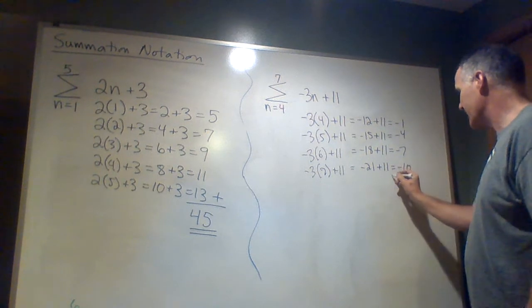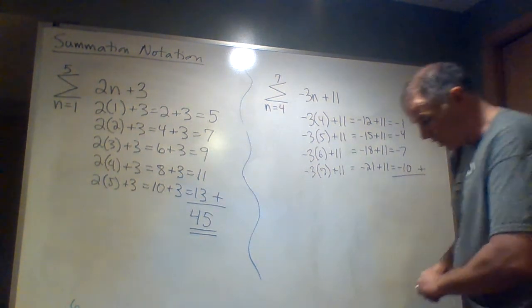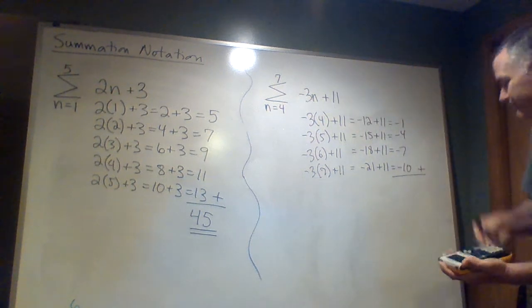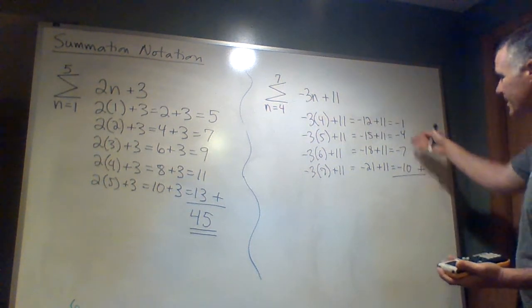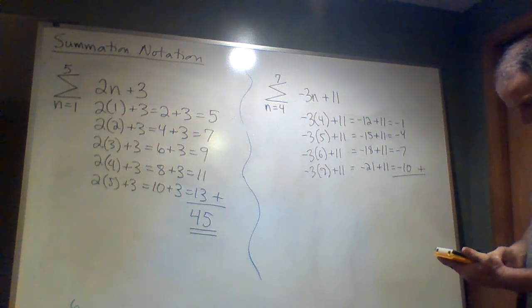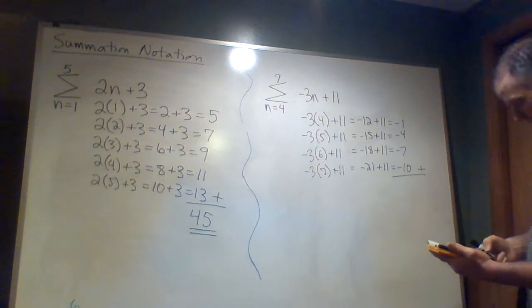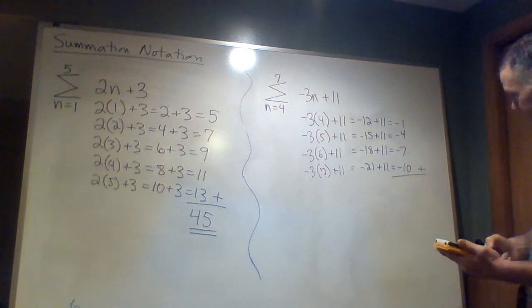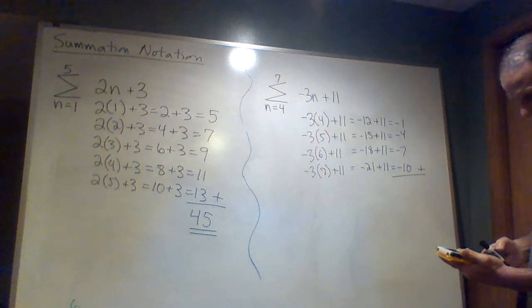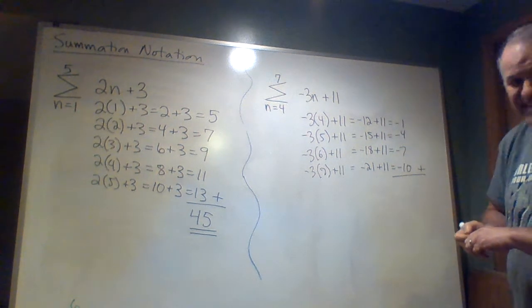And then, guys, just like we did on the last one, you're going to add up all those numbers. Watch on your calculator: when you're adding up negatives, you would type in negative 1 plus negative 4 plus negative 7 plus negative 10. When you add up a bunch of negatives, they stay negative.